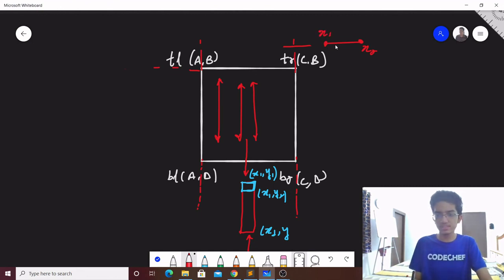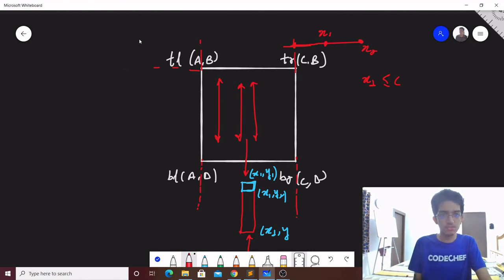So this is a useless snake. But if we were to push this head over here, something like this, so if it hits this boundary, then this snake would be helpful in protecting the poison. So one condition is that x1 should be less than or equal to c.